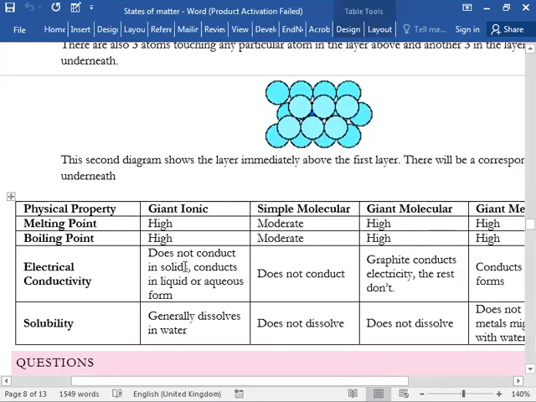Again, in order to conduct electricity, we need moving charged particles. We need particles that can move and that are charged. Giant ionic structure, we have charged particles, but in solid state, can they move? That is why it does not conduct electricity when it's solid, but once you dissolve it or once you melt it, now the same charged particles can also move.